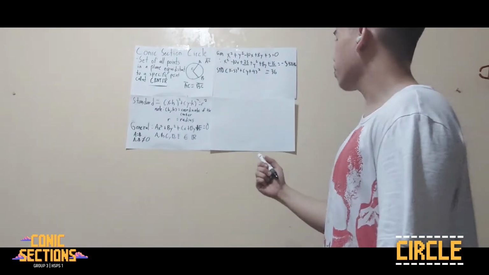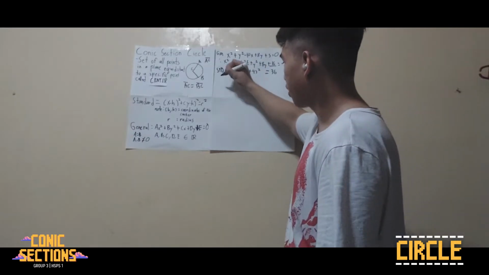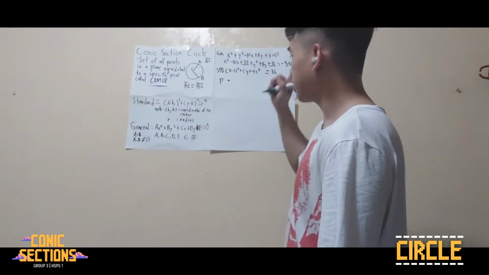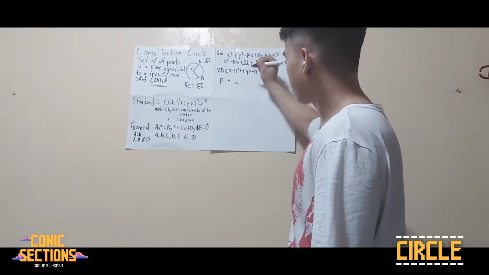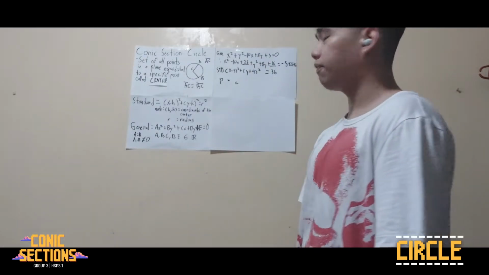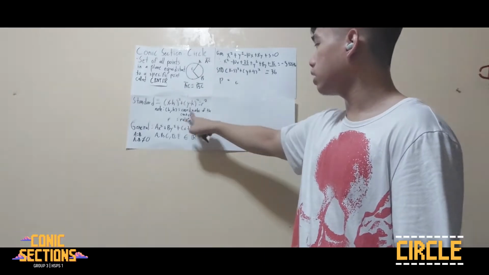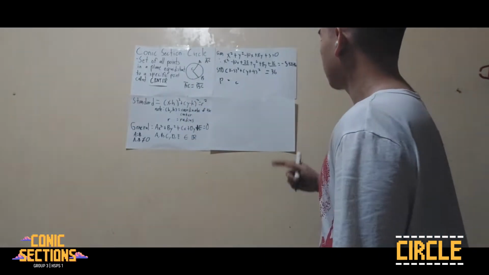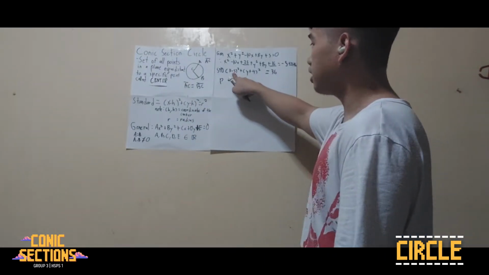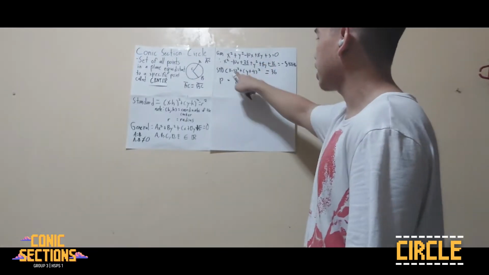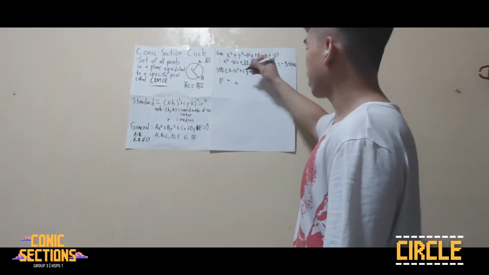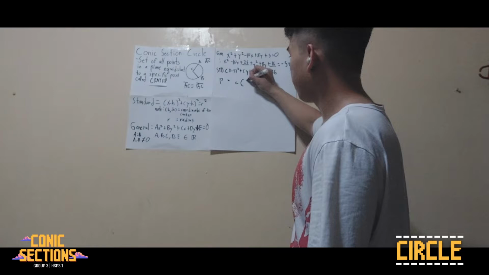we could get the properties. The properties are the center. Remember that the formula for the center is h and k, as I already mentioned in the first half of this video. Next, we change the signs. Always remember that this is negative 5, so that becomes positive 5.